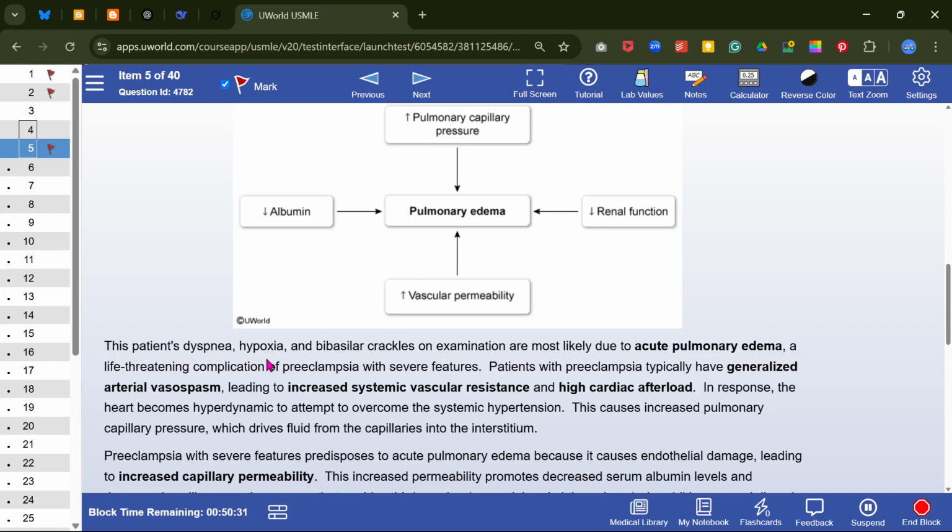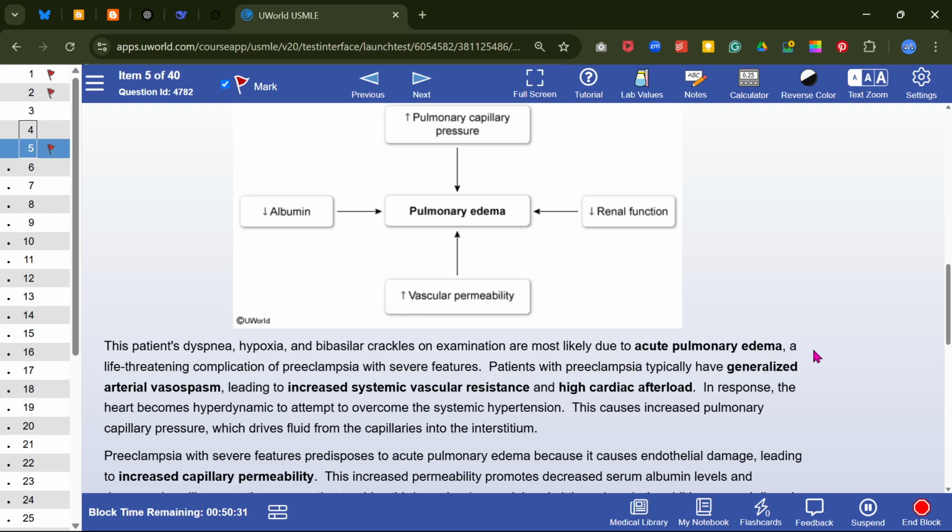These patients with dyspnea, hypoxia, and bilateral crackles on examination are most likely due to acute pulmonary edema, a life-threatening complication of preeclampsia with severe features.